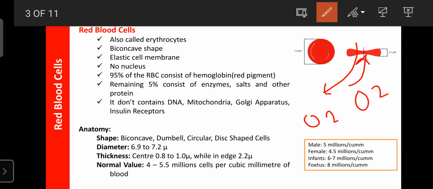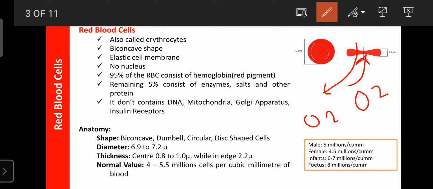RBC do not have any nucleus. That's why these are known as non-nucleated cells. Due to the lack of nucleus, that empty space is helpful for filling with oxygen, as it consists of hemoglobin. Hemoglobin has two parts: globin, which is protein, and a non-protein part called heme, containing ferrous iron.